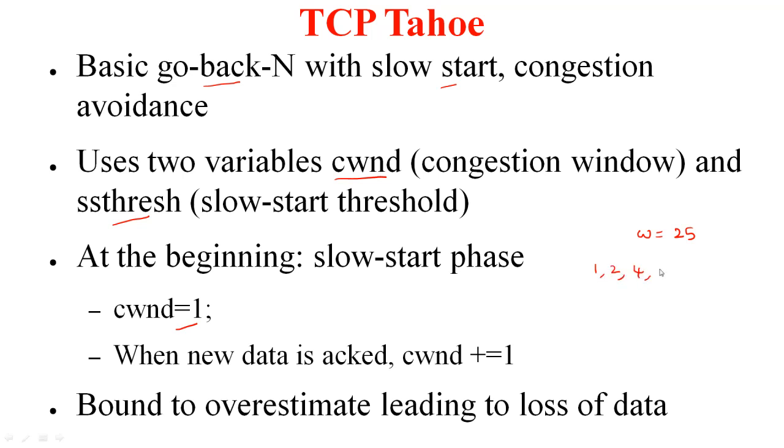It becomes 4, 8, 16, and then 32. At this point, you are pushing the network into congestion, and congestion avoidance tells you to cut the rate by half. Now your estimate is 16, and then you will slowly probe the network to see if you can increase this window size through that additive increase.